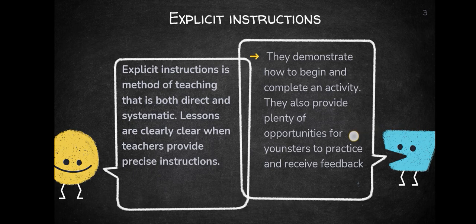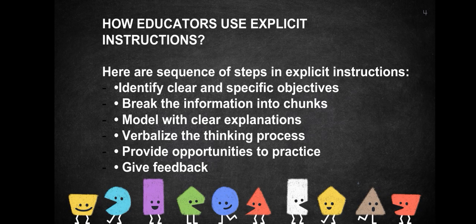First is to identify a clear, specific objective, break the information into chunks, model with clear explanation, verbalize the thinking process, provide opportunities to practice, and the last one is to give feedback. So that is how an educator uses explicit instruction.